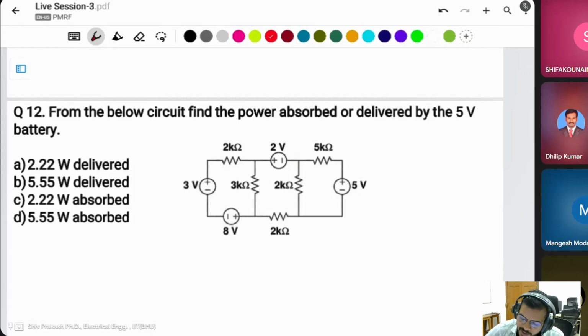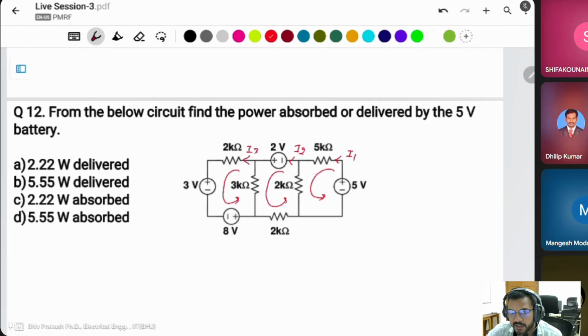KVL means simply take the current. Let this be I1 flowing through it, this will be I2, and this will be I3 flowing through this.